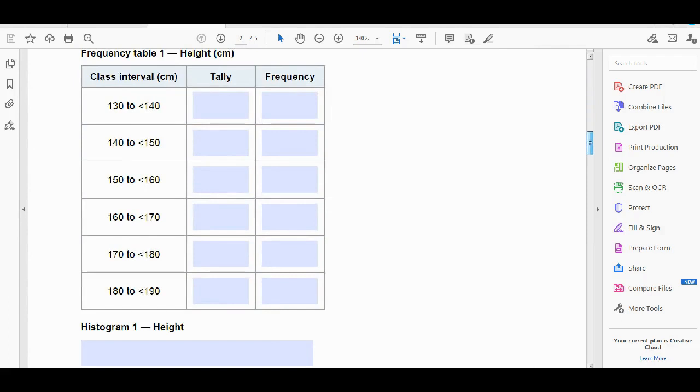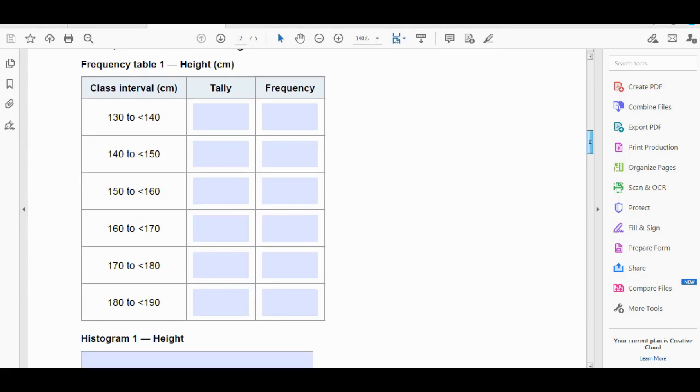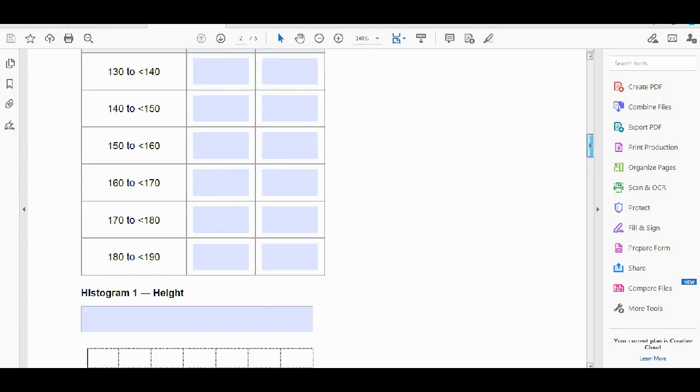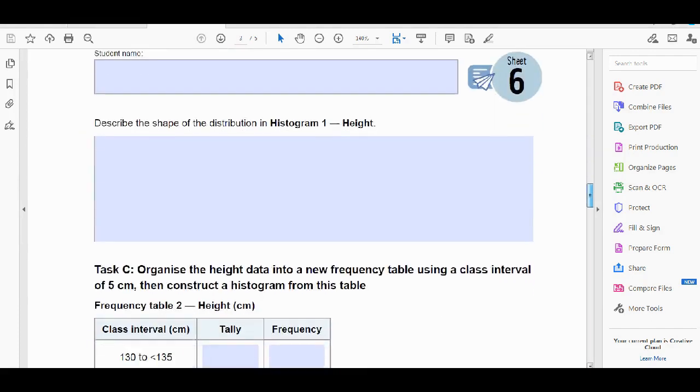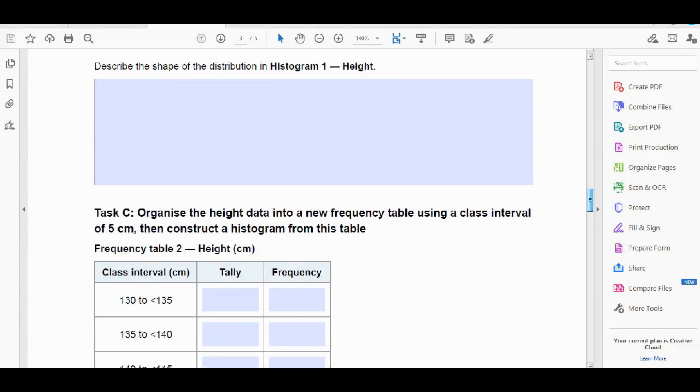We group them into class intervals, construct another frequency table using these class intervals, and then construct a histogram for heights. Then you need to describe the shape and distribution.